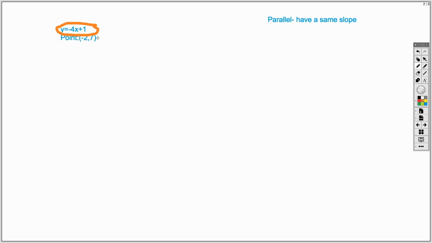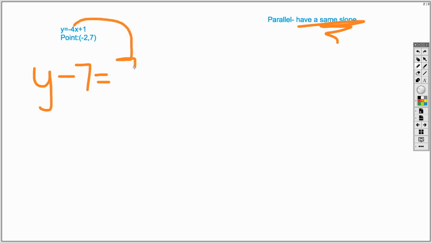So what I'll do is take my point and put it in point slope, right? So y minus 7 equals, and this is where I mean that they have the same slope. We would literally take the slope from here, which is negative 4x, and insert it over here. So negative 4x plus 2.